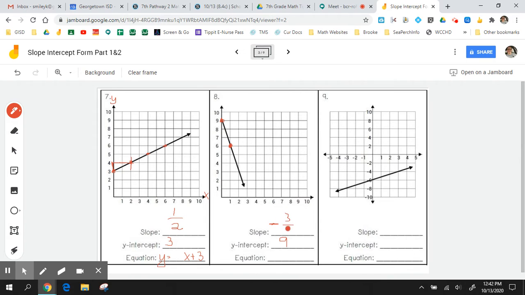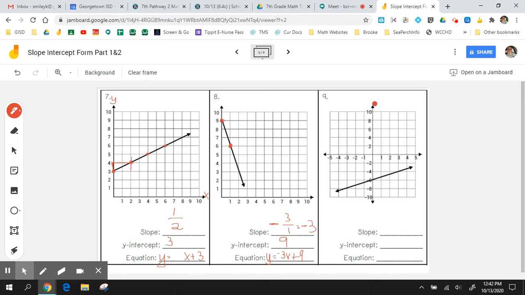And over 1. Now, I will accept this, but more than likely, you're just going to see it written as -3 instead of -3 over 1. So for my equation, I really am just going to write -3x and then plus 9.